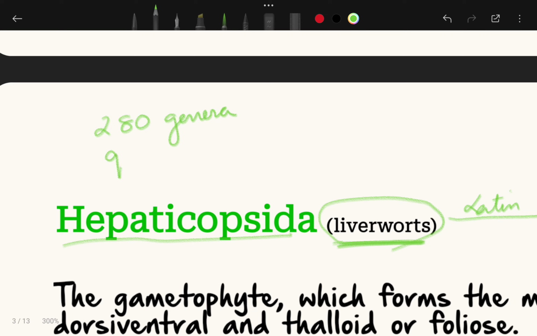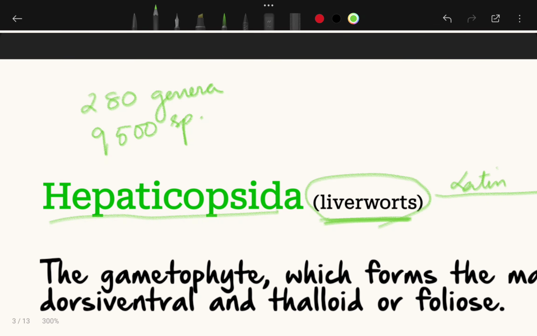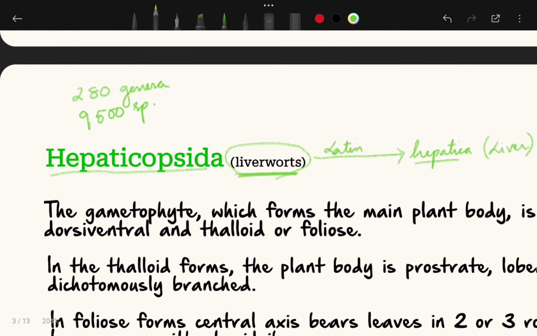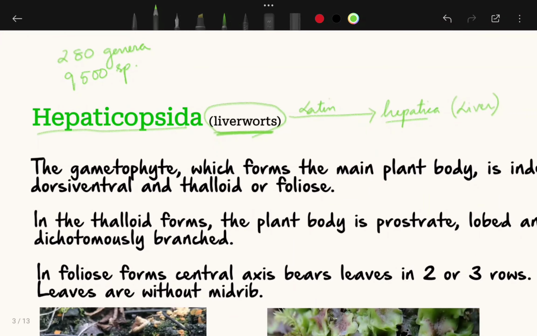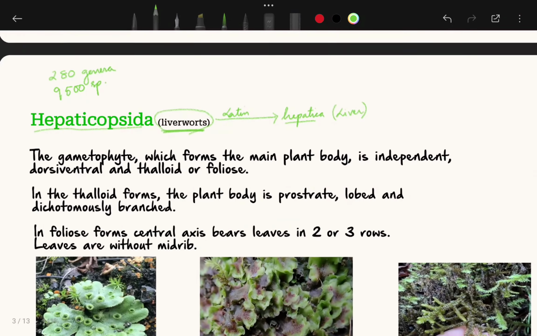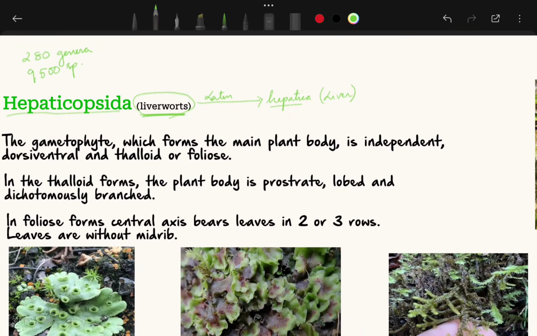It has about 9,500 species, and they are distributed both in tropical as well as temperate parts of the world. Alright, so let's start with the first point under Hepaticopsida.